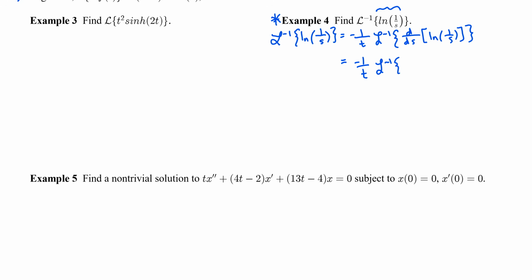Okay, the derivative with respect to s of natural log of 1 over s. Remember, we put the argument in the denominator and the derivative of the argument in the numerator. Let's simplify that complex fraction. We have s times -1 over s squared, which gives us -1 over s. Okay, now, since the derivative of our original function is algebraic, it should be on the table.